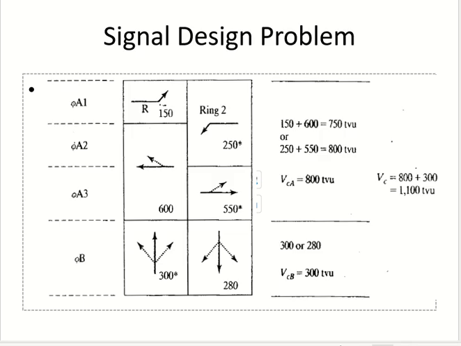This one and this one. 600, but 600 goes up to here, so 600 is not for A3. It's 550, because it only goes for one piece. This is the share; A2 shares.